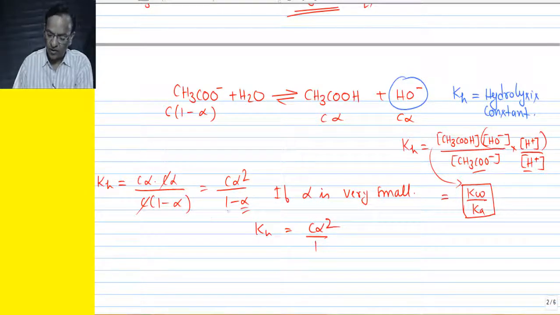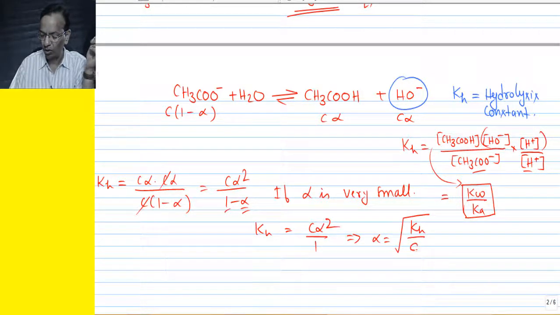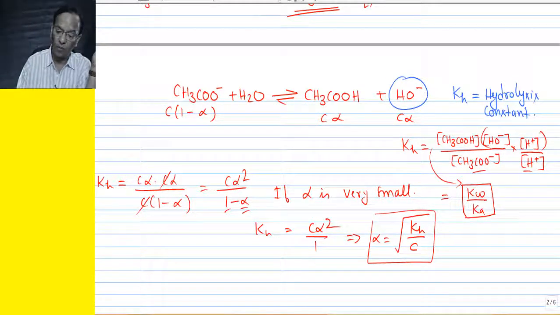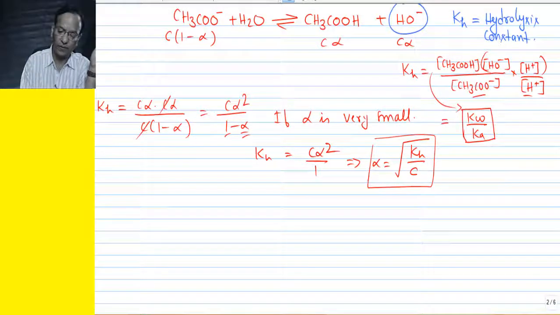We are ignoring alpha in comparison to 1 for a while. So alpha will be root under Kh upon C. So from the given value of Ka, we first determine Kh, then from given value of C, we find out an approximate value of alpha. And then we decide what to do in the next step.